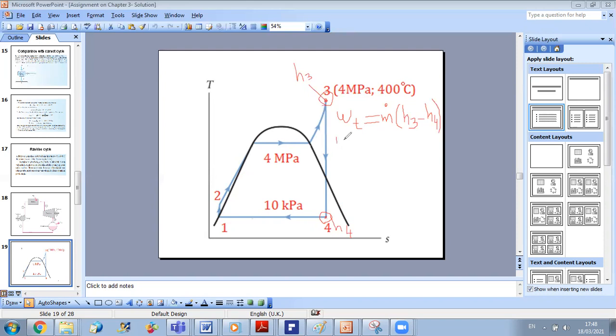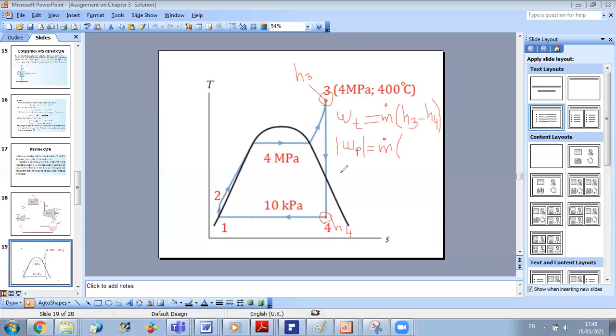so the absolute value of W pump will be equal to m dot times what? What enthalpies will I use to determine the pump work? H1 minus H2. Very good. So here, if you are talking about the algebraic value, you do H1 minus H2.